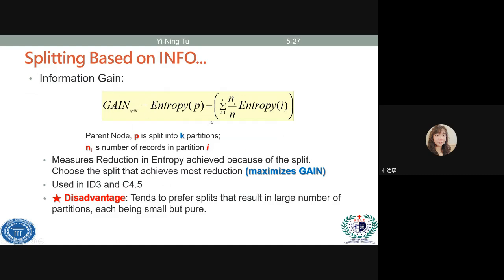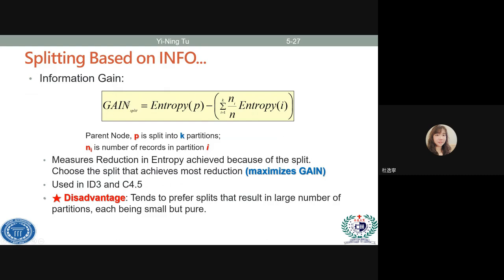So this is the entropy for P, it means parent, the parent node before splitting. And this is all the children's entropy. So what do you get? Just before you use the attribute to split it, and we collect all the entropy after you split it. Then we will find the gain.